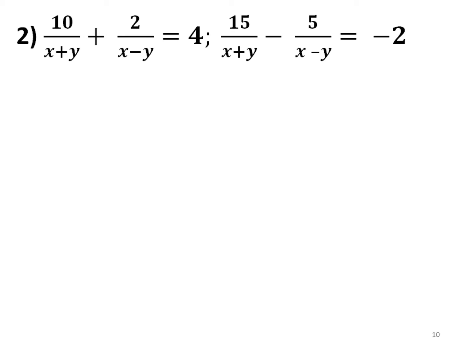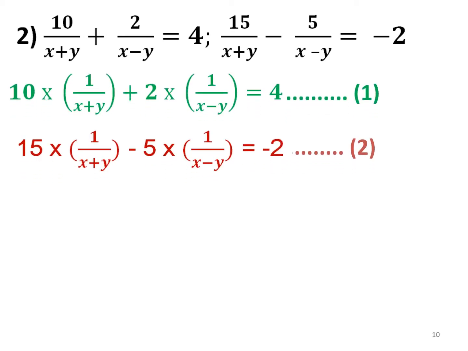The equations can be written as 10 into 1 upon x plus y plus 2 into 1 upon x minus y is equal to 4. It's my equation 1. 15 into 1 upon x plus y minus 5 into 1 upon x minus y is equal to minus 2. This is my equation 2.